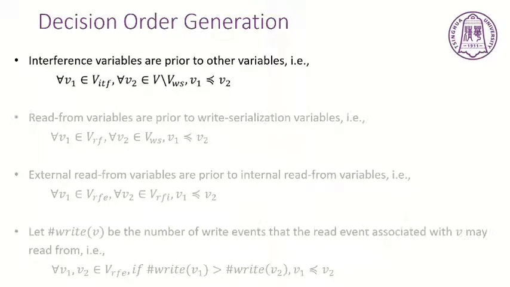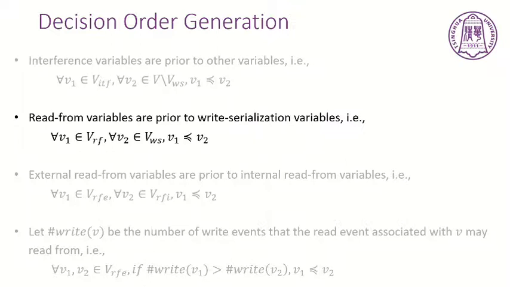That is, for two variables, if one is an interference variable and the other is not, we say the interference variable has a higher priority. This is a basic heuristic.